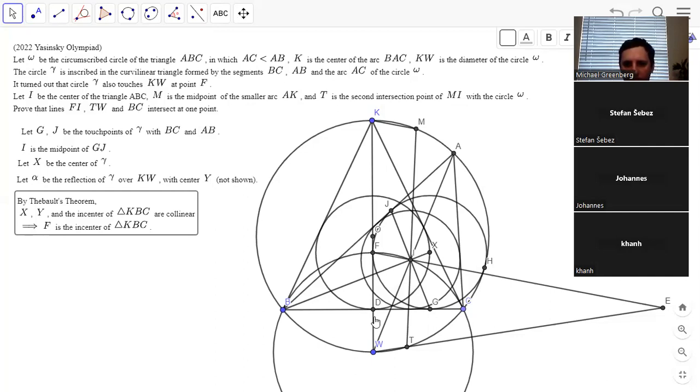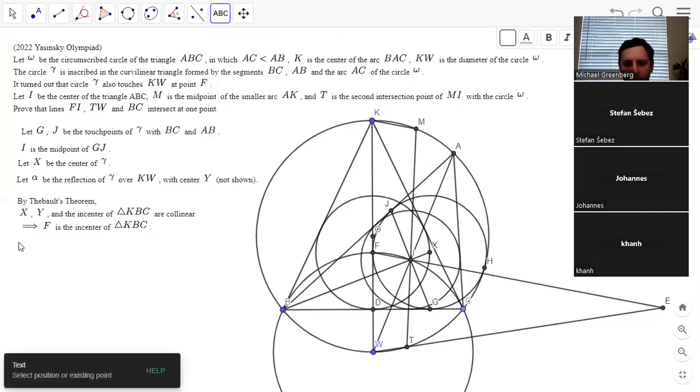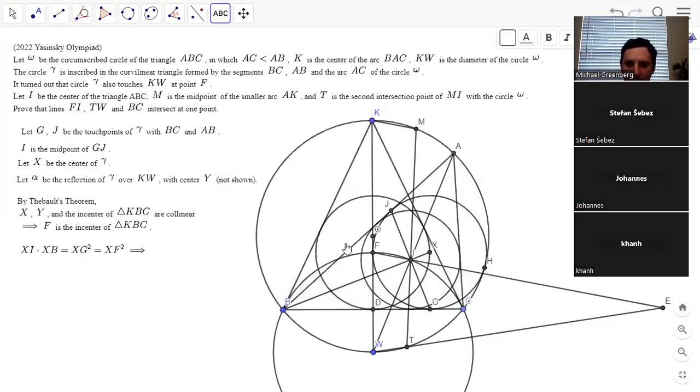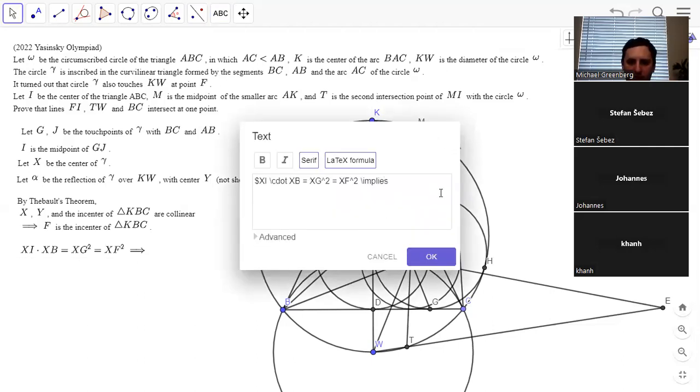So XI times XB is XG squared, which is XF squared, and that means that angle XFI is equal to angle FBX.